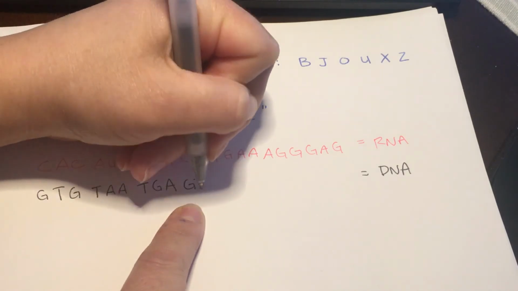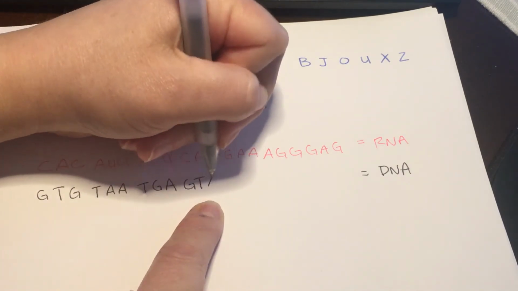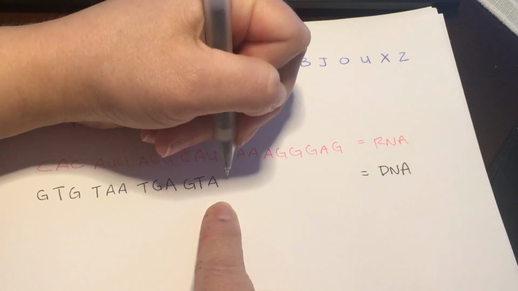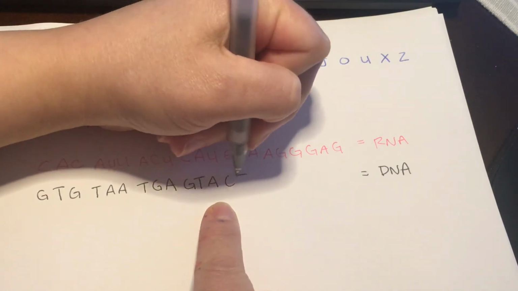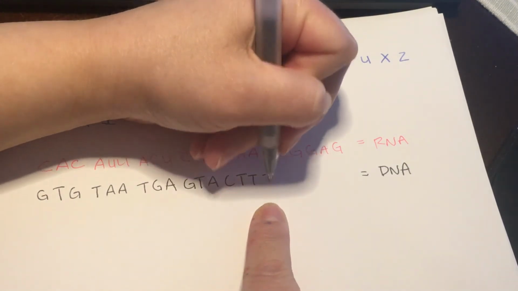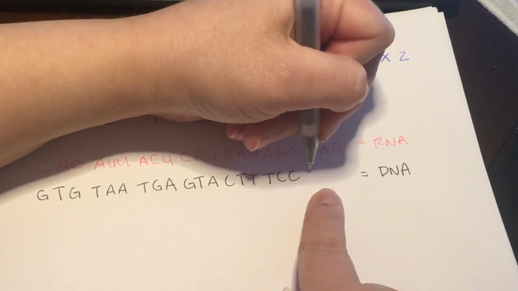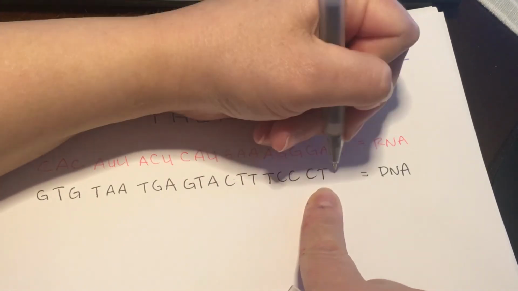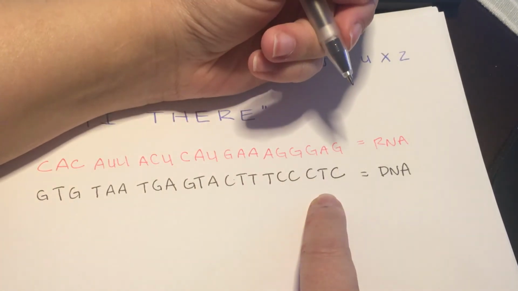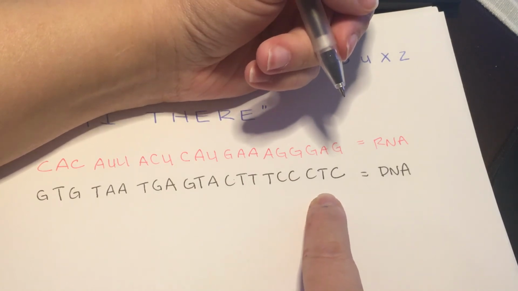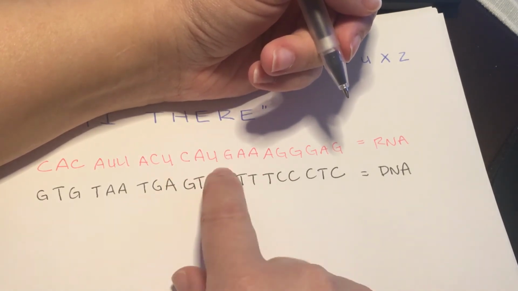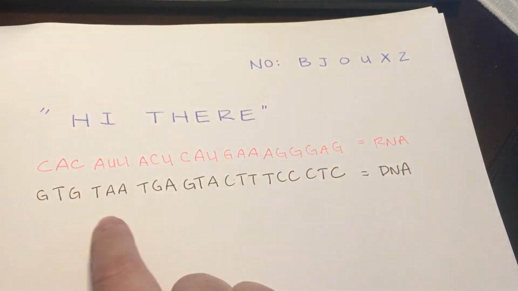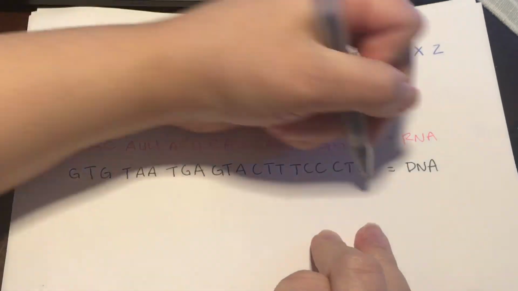I bet some of this will be wrong, and then you'll catch me on it. G with C, C, T, T, T, C, C, C, T, C. All right, I hope that's right. A's with T's, U's with A's.